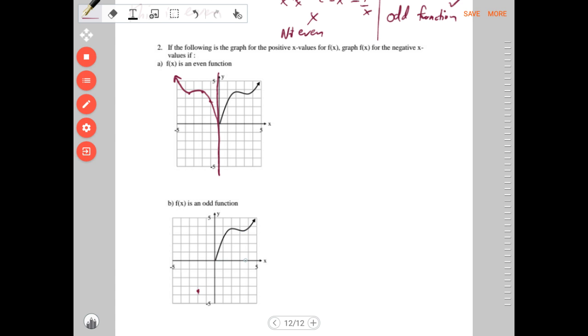So 1, 2, 3.5, and that guy is 3.5-ish again. Oops, 1, 2, 3, yeah, 3.5. So kind of about there, and then again into the corner. So this kind of looks like this, down, up, and then back in. So that's close enough. You get the idea. That's what makes it an odd function.